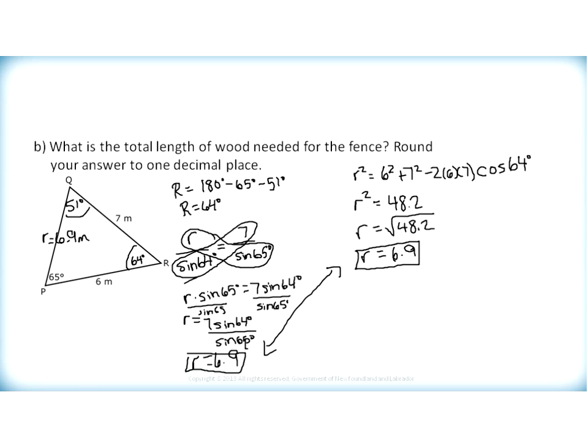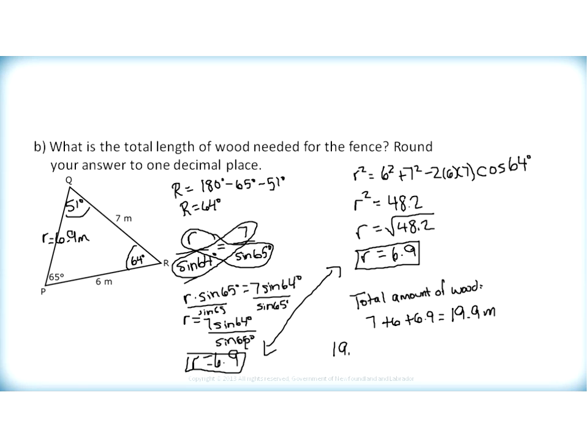So if I want to find the total length of wood needed for this fence, I'm going to have to add up all three sides of my fence. So total amount of wood is equal to 7 meters plus 6 meters plus my 6.9 meters. So I add them together, and I'm going to need, to the nearest decimal place, 19.9 meters of wood.